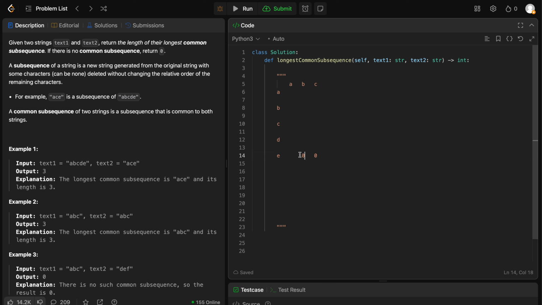Actually, is it? When I think about it, if both were E's, this would be 1. Okay, so it's a little caveat.